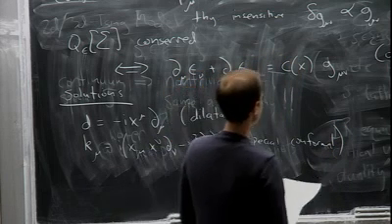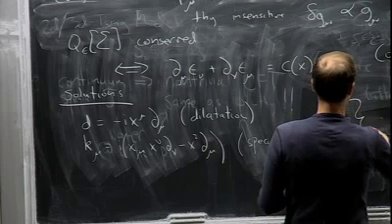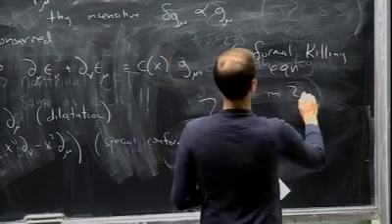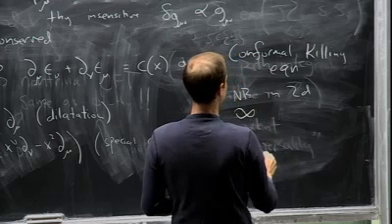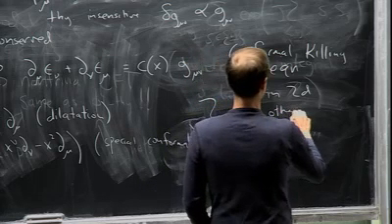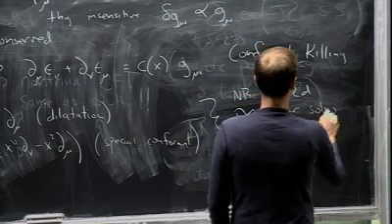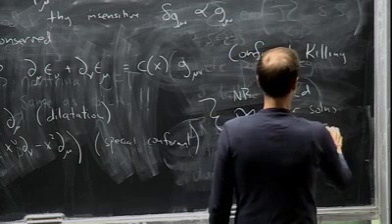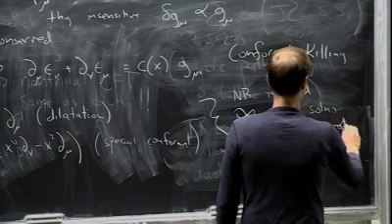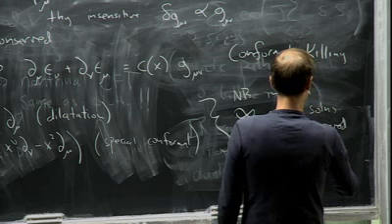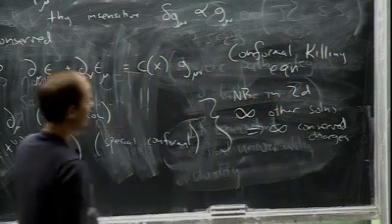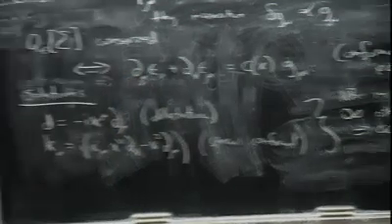And now is the time to note that in 2 dimensions, there are an infinite number of other solutions, leading to an infinite set of conserved charges. And this is totally awesome and great.